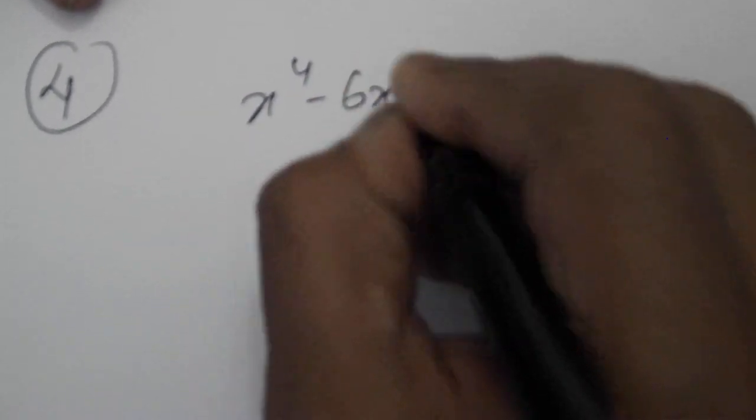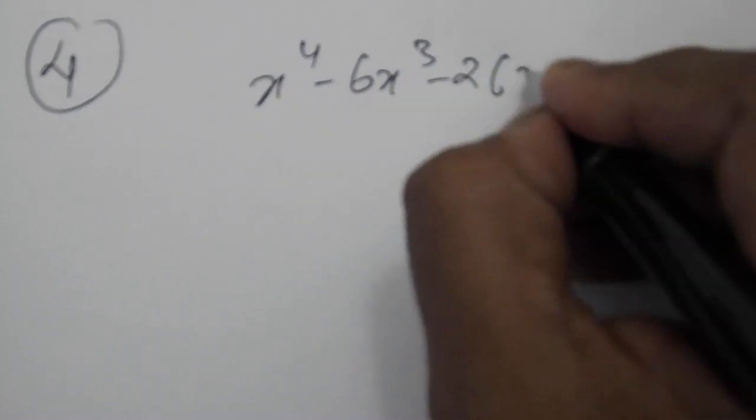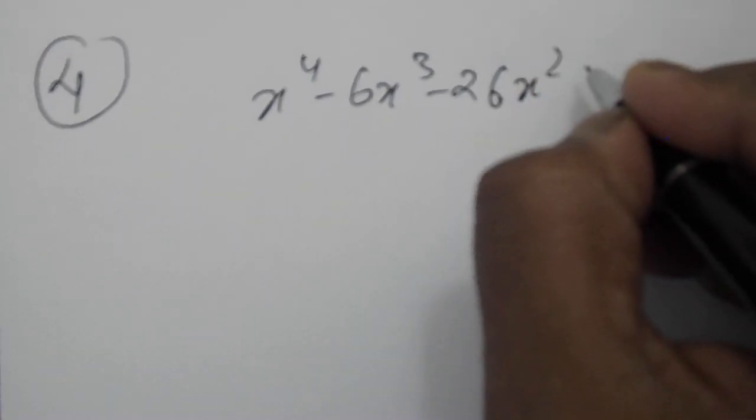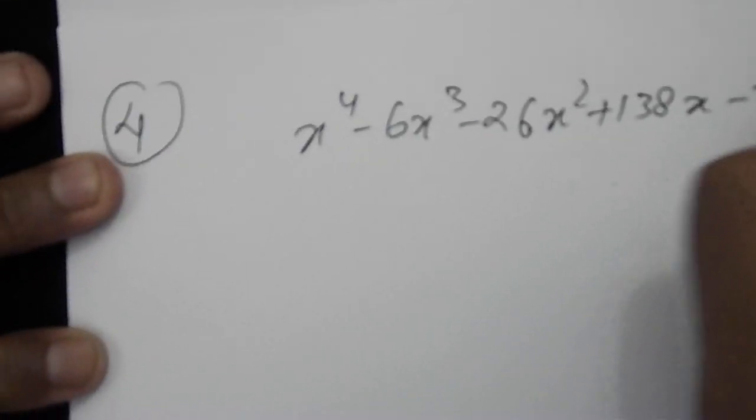Now moving on to the fourth question. The fourth question, very important, it says that there is a polynomial x raised to the power 4 minus 6x cube minus 26x square plus 138x minus 35.